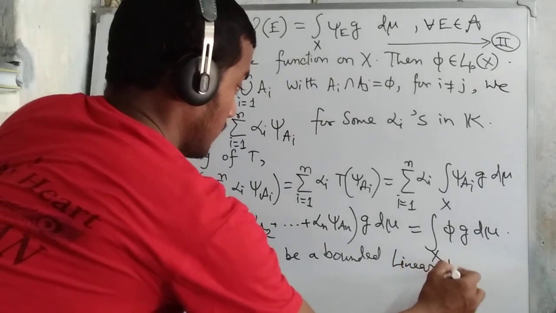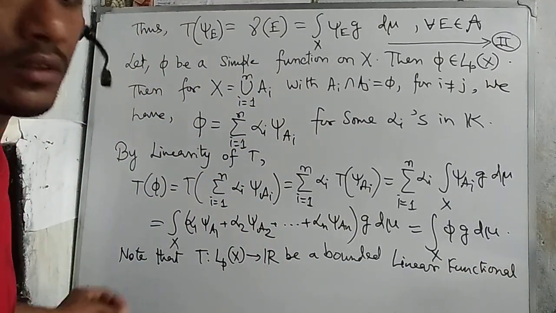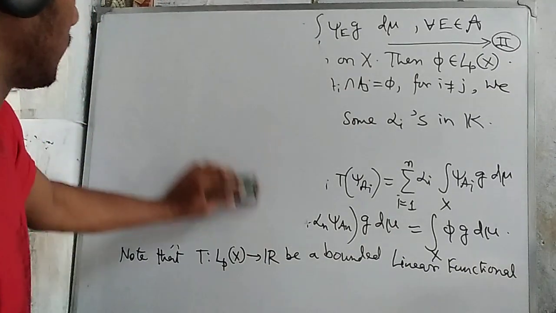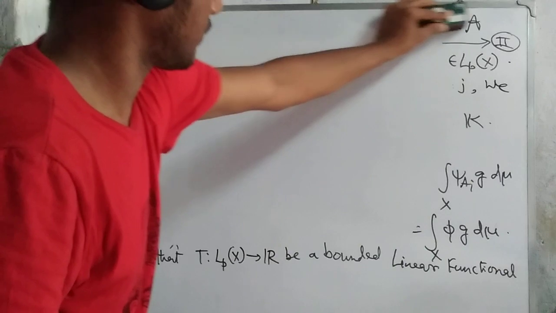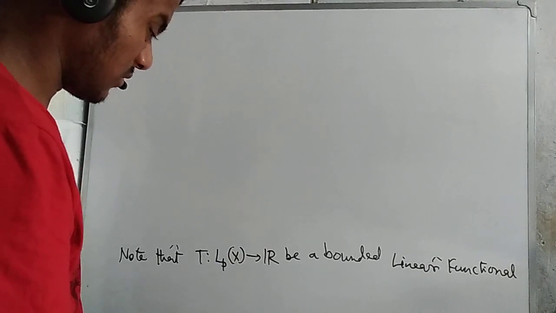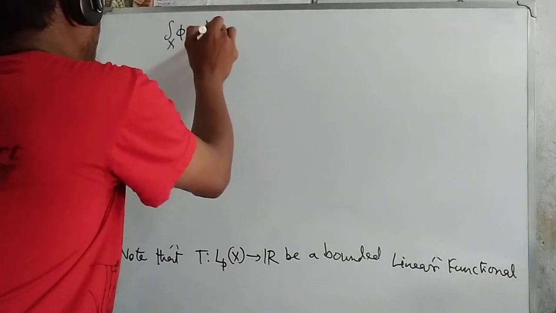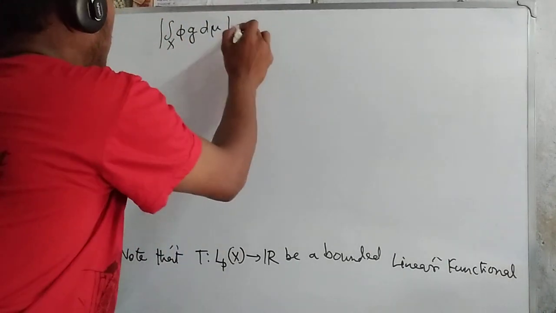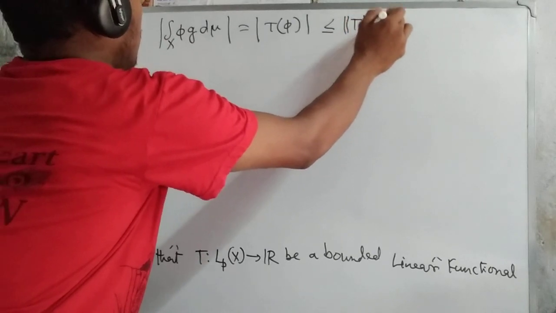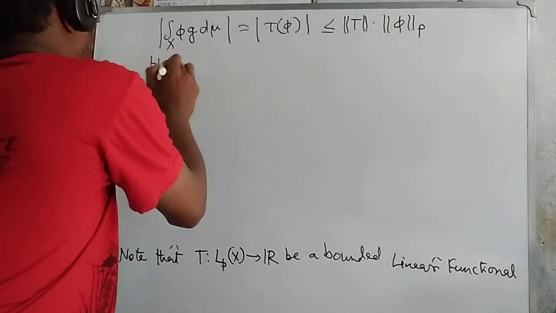Then the modulus of the integration over X of phi g d mu equal to |T(phi)|, less than or equal to the norm of T times the norm of phi in p.